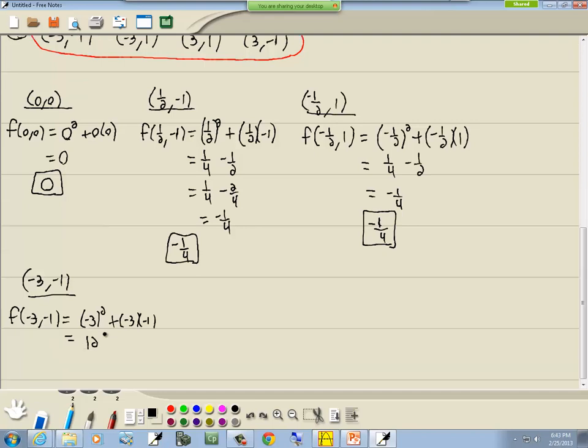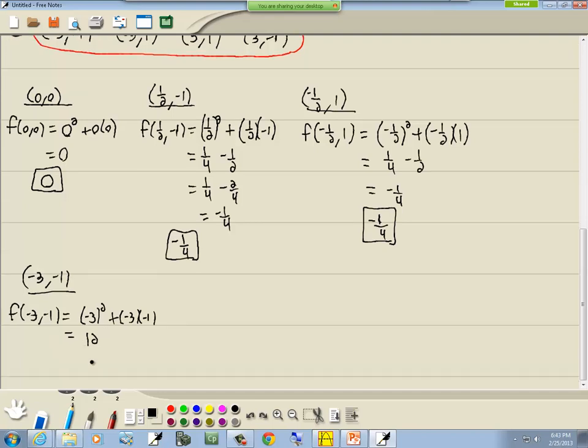And then we're going to have negative 3, positive 1. So f of negative 3, positive 1. We're plugging into x squared plus xy, our original function, and we have negative 3 squared plus negative 3 times 1, which gives us 6.